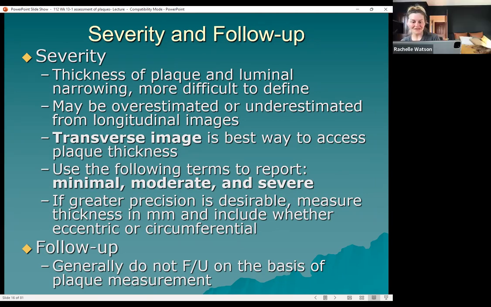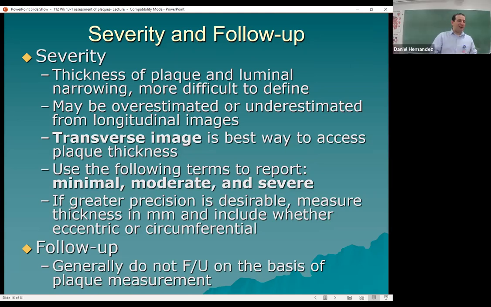Oh, follow up. Okay, thank you. Generally do a follow up on the basis of plaque measurement. I didn't see the follow-up ahead of it.